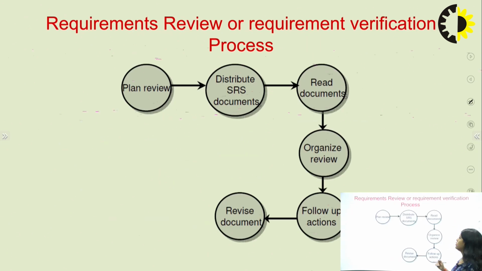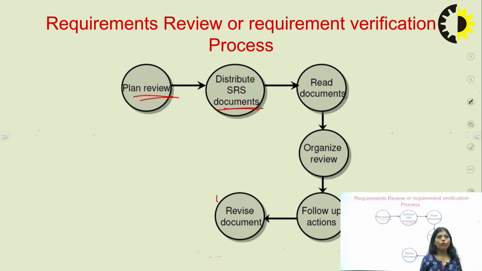So this is the requirement review or requirement verification process. How can we verify our software product? First of all, we have to plan a review. Planning a review means deciding how we will review our software product. After planning the review, we distribute the SRS document.